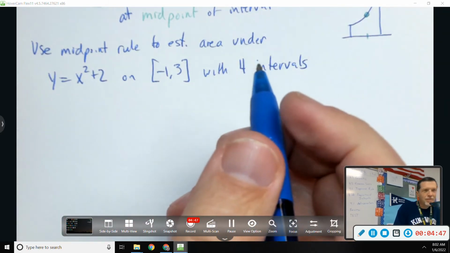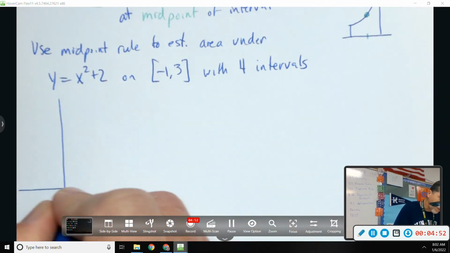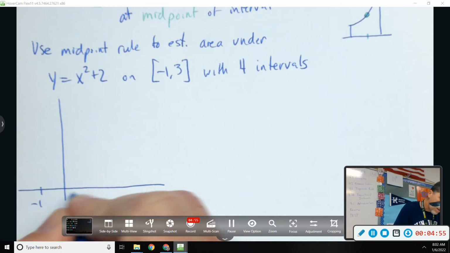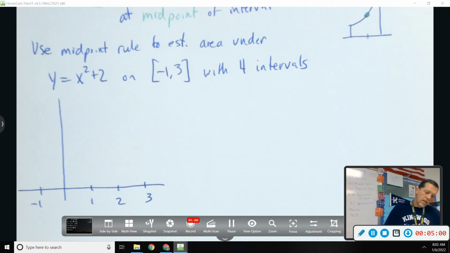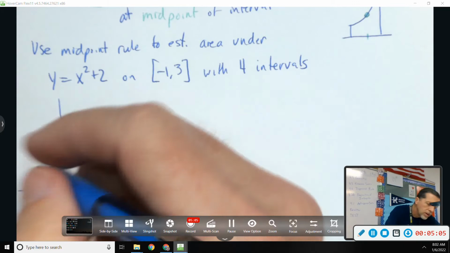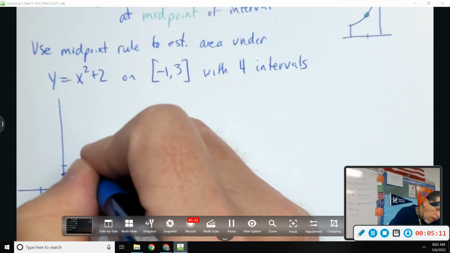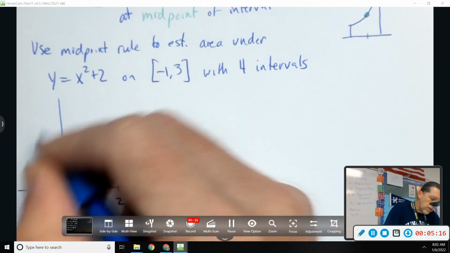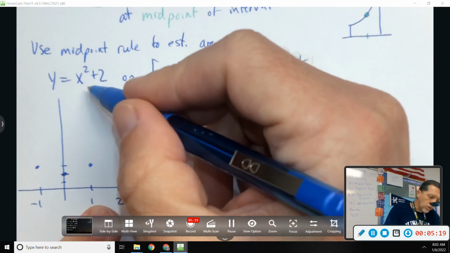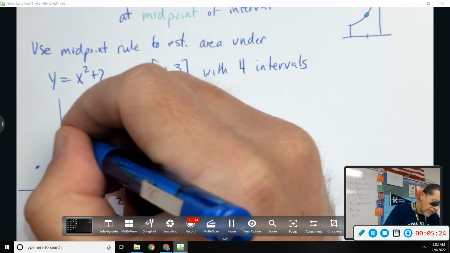Again, once you get good at these, you can do it without a picture, but initially it's probably helpful to see a picture. So that's a parabola, a regular parabola, but moved up to 2. So -1, 3 are points. If I plug in 2, 2 squared is 4, plus 2 is 6. 3, 4, 5, 6.